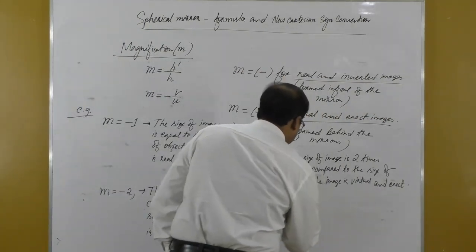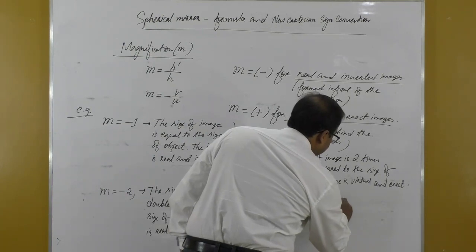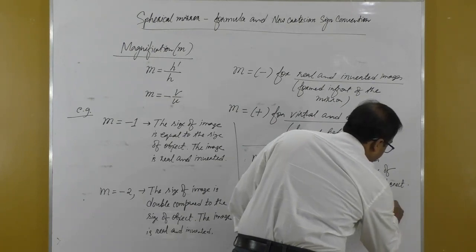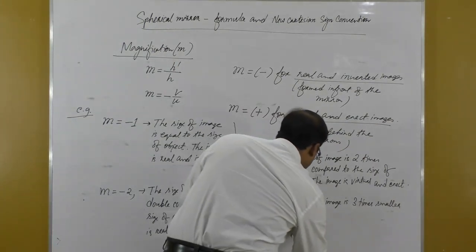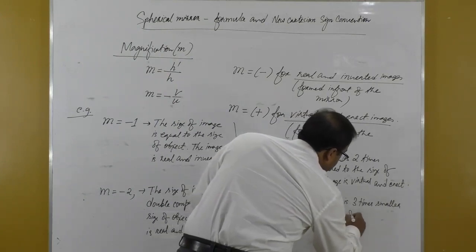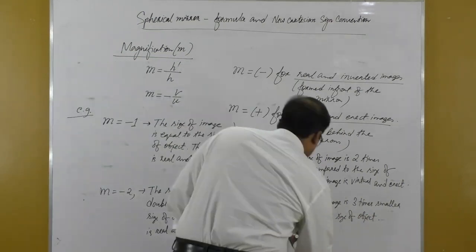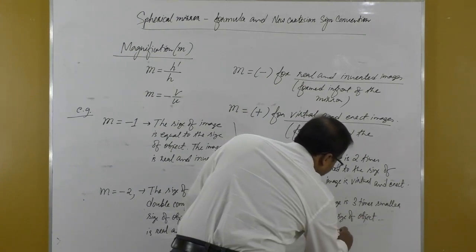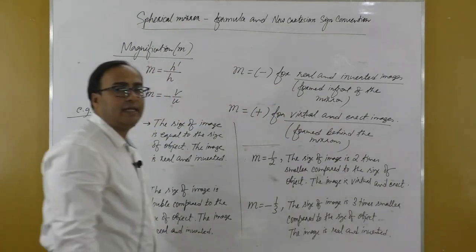m equals to -1/3. This indicates the size of image is 3 times smaller compared to the size of object, and the image is real and inverted.